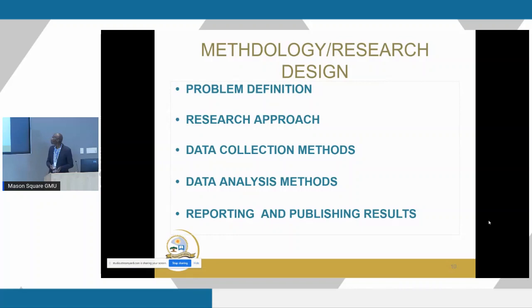And then from there also, we know in terms of data collection, which methods we need to use for data collection, and also in terms of data analysis. I mean, we have used, for example, regression analysis. We have used structural equation modeling. We are using machine learning.